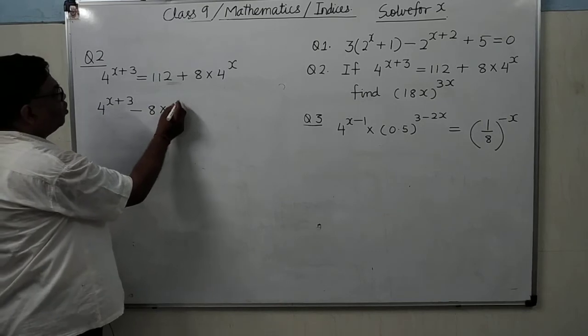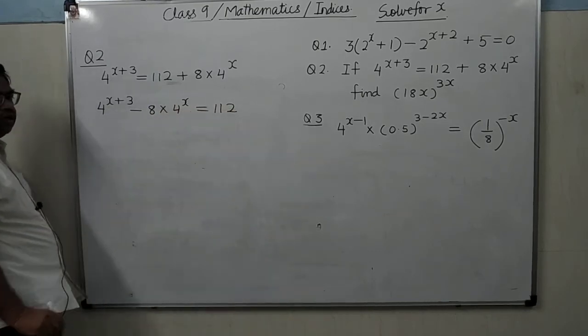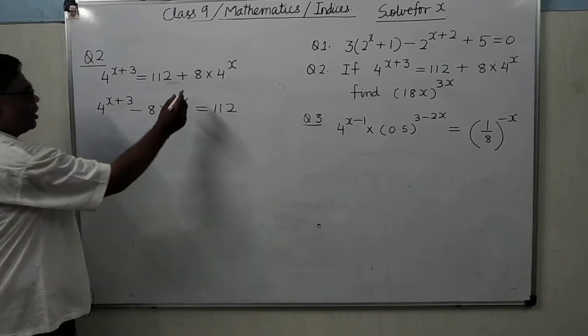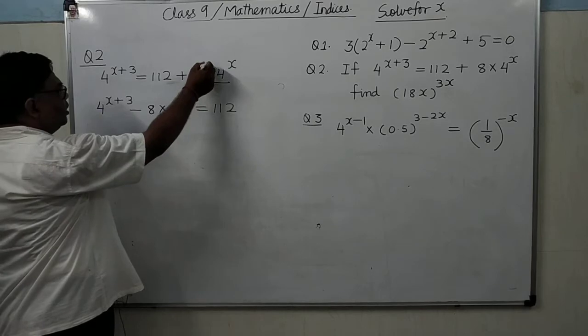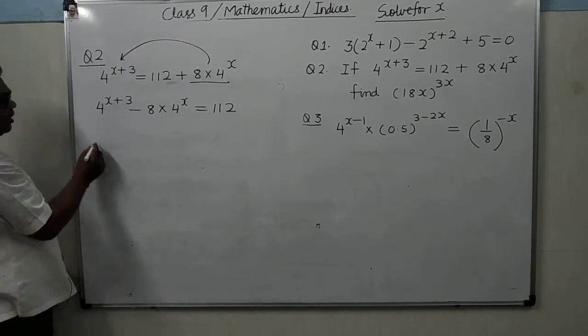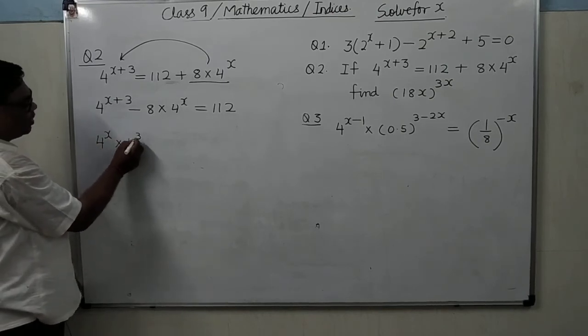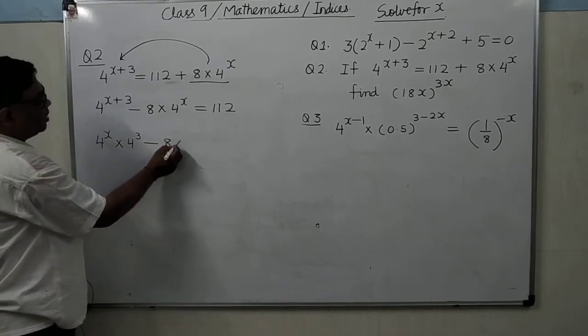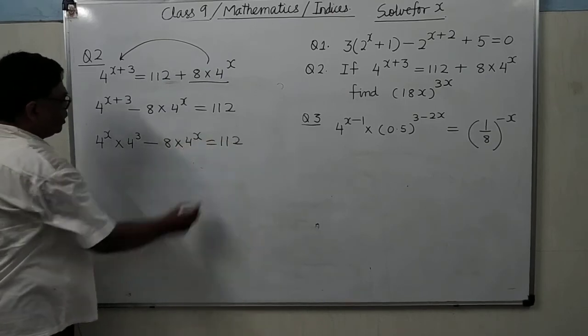I have transposed this term to the left hand side. Now you write it as 4 to the power x into 4 to the power 3 minus 8 into 4 to the power x equals 112.